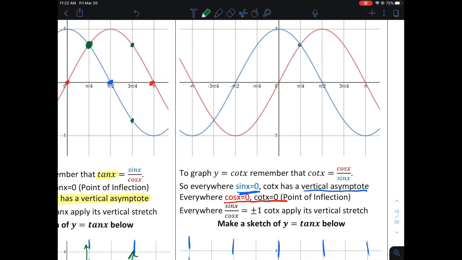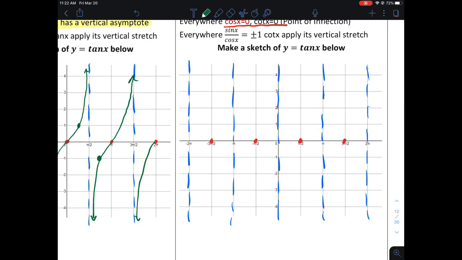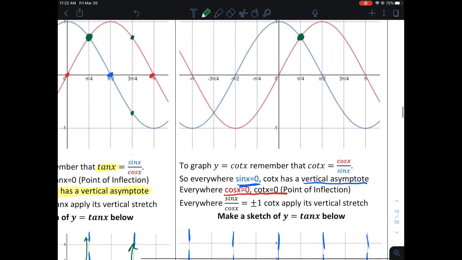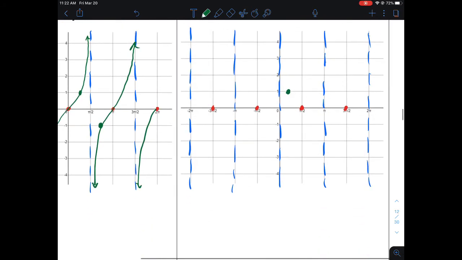At pi over 4, cotangent equals 1. Just like tangent, pi over 4, cotangent equals 1. And at 3 pi over 4, sine and cosine have the same numbers but opposite signs, so that would be negative 1.